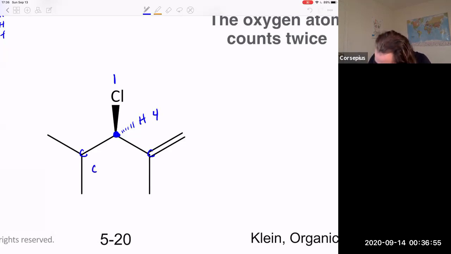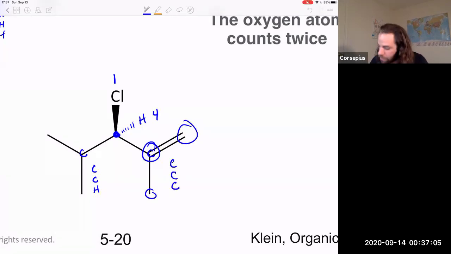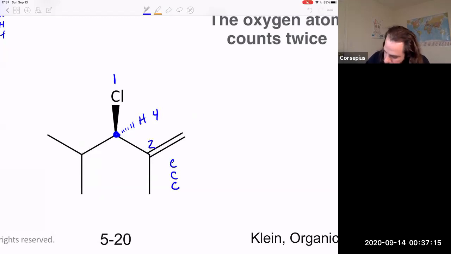This carbon over here is bound to a carbon and a hydrogen. What about this carbon here? So it's bound to 1 carbon down there, and then it's got a double bond to another carbon. So that's as if it was bound to 3 carbons. Okay, so that's why this one would get the higher priority. This gets 2, and this gets 3.